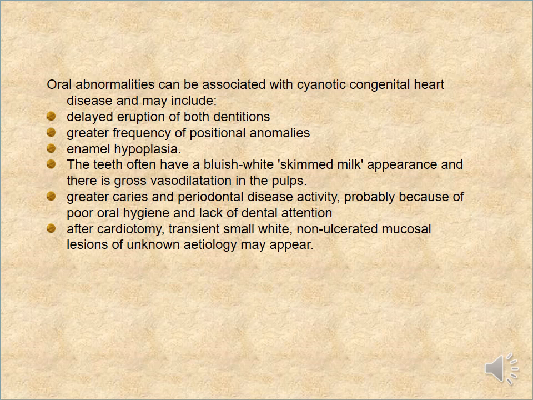Teeth often have a bluish-white skimmed milk appearance, and there is gross vasodilatation in the pulp. Greater caries and periodontal disease activity is probably because of poor oral hygiene and lack of dental attention. After cardiotomy, transient small white non-ulcerated mucosal lesions of unknown etiology may appear.